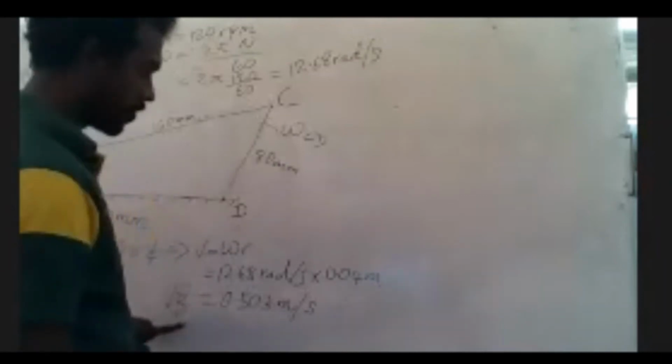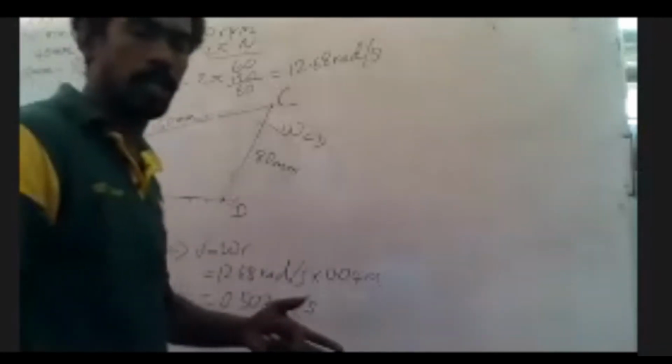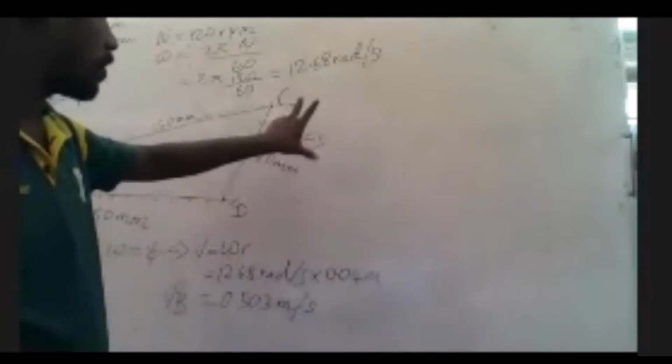I can write it as velocity of B relative to A. In this case it is the same, because A is a fixed point and is not going to move anywhere, so I can simply say velocity of B. Now I need to find the angular velocity of CD. That's the question.